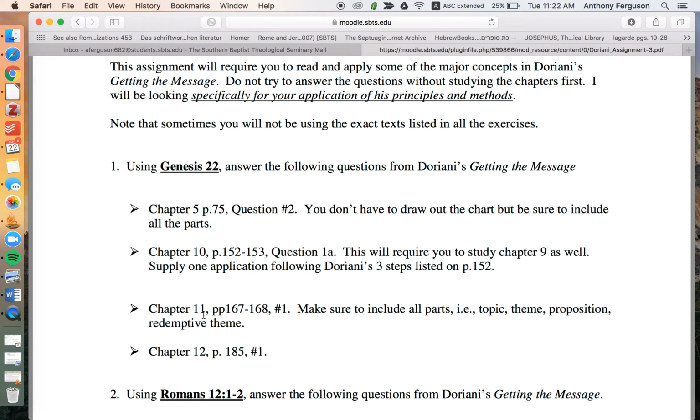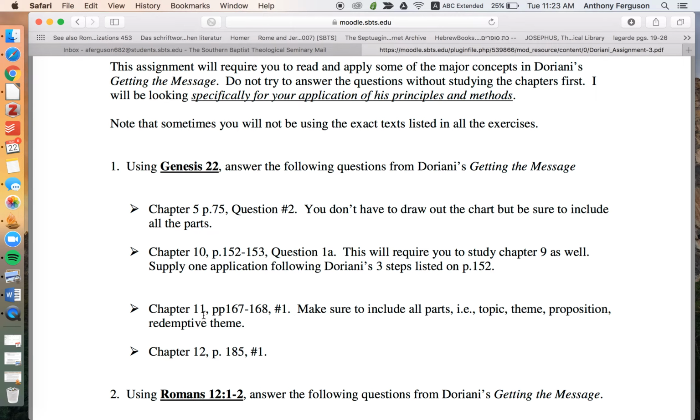Now there is overlap between redemptive theme and redemptive thrust. In fact, I think it's a redundant question. With that said, they need to answer both. They don't have the liberty just to not answer chapter 12. With that said, if their answers are the same, that's okay.